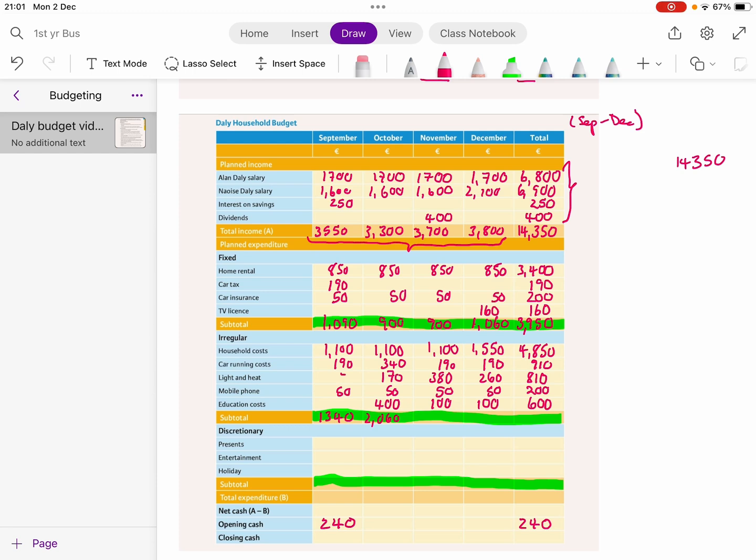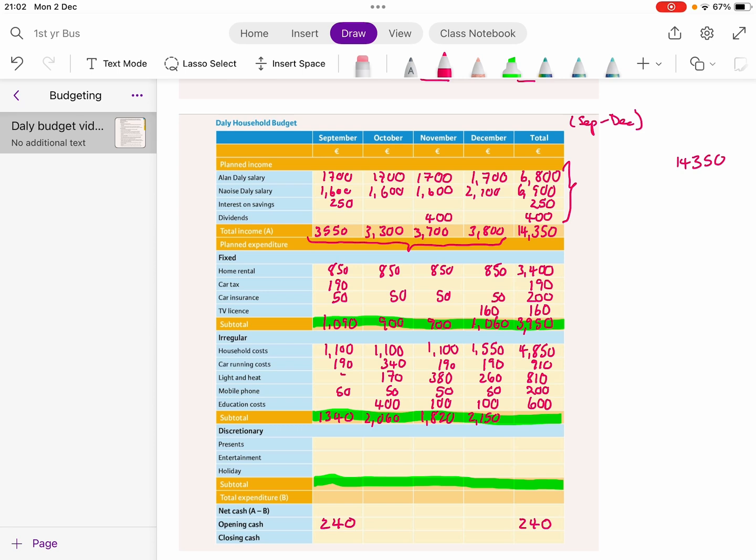I have my 1,100, my 190, plus my 380, plus my 150. Well, actually just added those two together. So 1,820. And then finally, for December, I add together all my figures and I end up with 2,150.